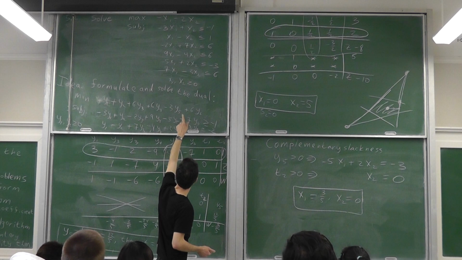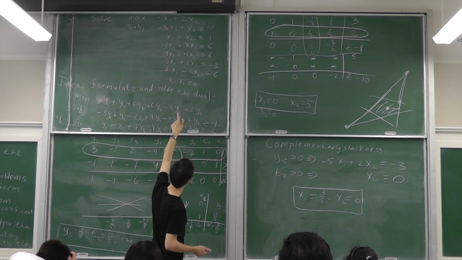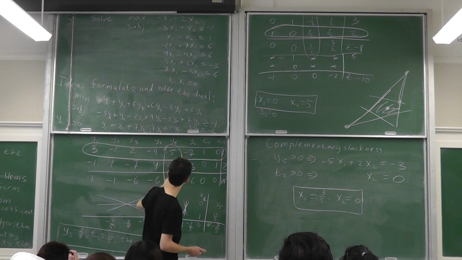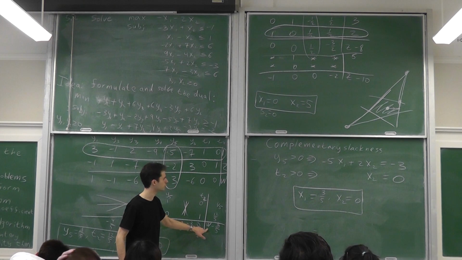The objective function is minus 3/5, and here it is 3/5. So we did make some mistake.